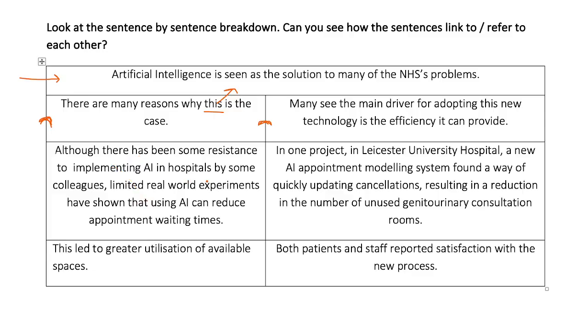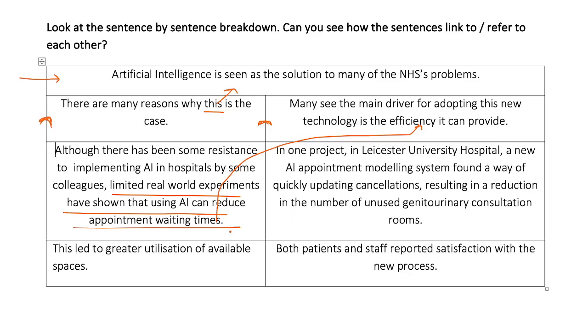But if you think about it, the point of this sentence is limited real-world experiments have shown that AI can reduce appointment waiting times. That is an example, isn't it, of efficiency that AI can provide.